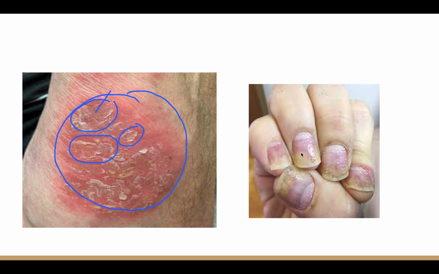So this is the lesion of the skin. It will depend upon the severity. According to the severity, the lesion will change. The intensity of scaling and the area involved can vary.